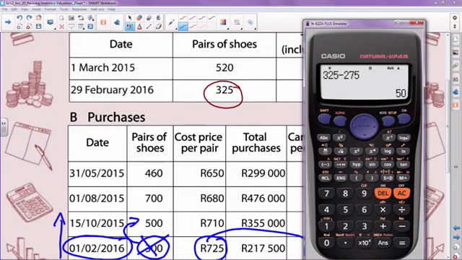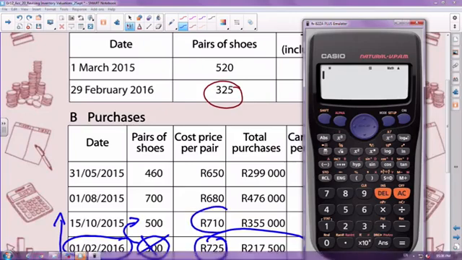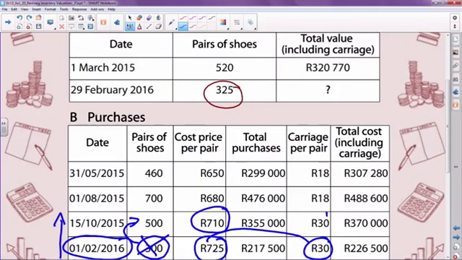Right, let's take the 50 units, and we say, right, fine, we've got 50 of these units left over. Once again, the cost price is 710 Rand, and the carriage is 30 Rand, so add the two, 710 plus 30 will give you 740 Rand.